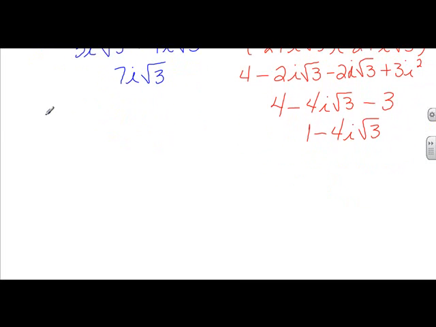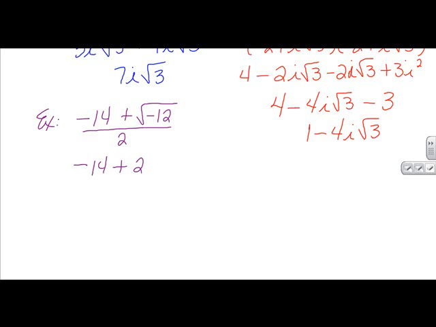Same thing in this last example. We want to simplify the square roots before we even think about doing anything else. So we've got negative 14 plus the square root of negative 12, all over 2. I'm thinking of negative 12 as negative 4 times 3.